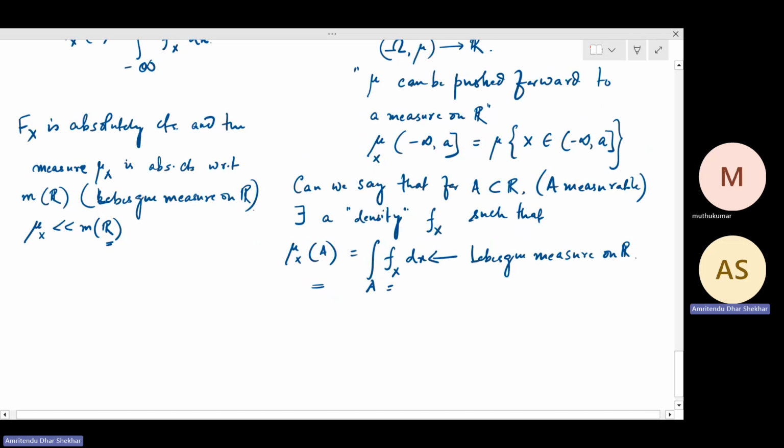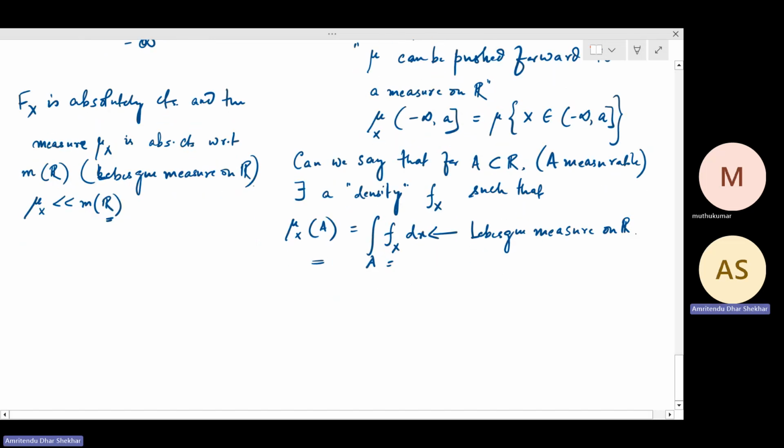The criterion for such a density function to exist is as follows.